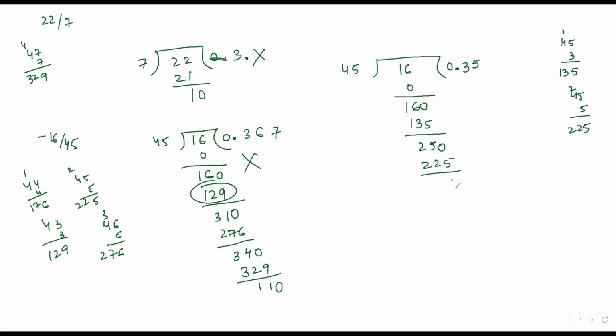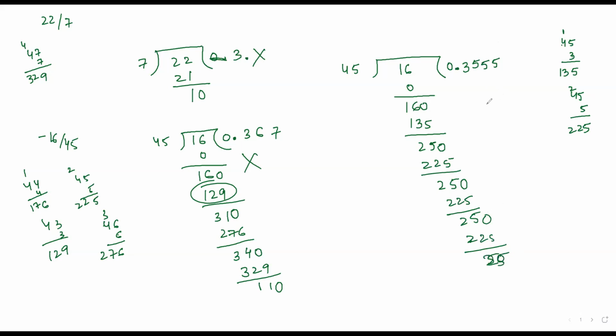Then 10 minus 5 is 5. Then 4 minus 2. So again you get 250. So again 5 times you get 225. Again the remainder is 5 and 25, right? So now you can see it is the same, you are getting 225. Again, you get 25 as the remainder.